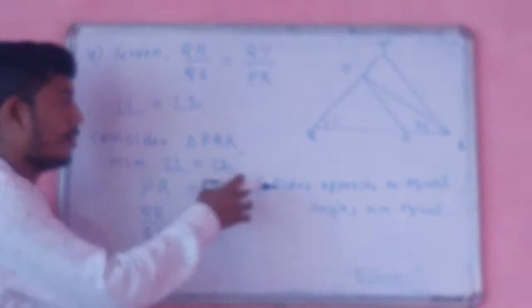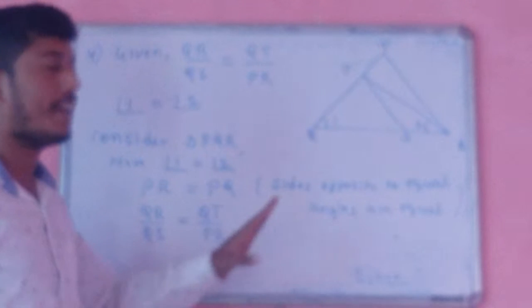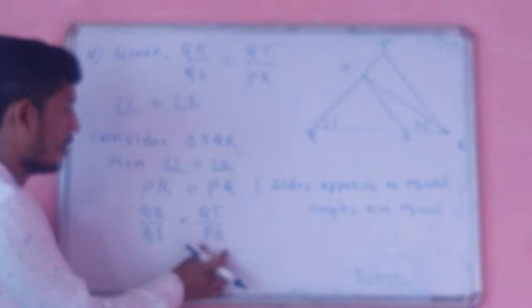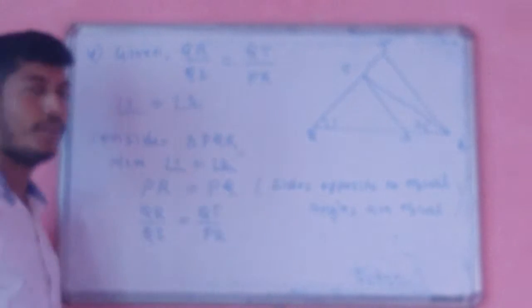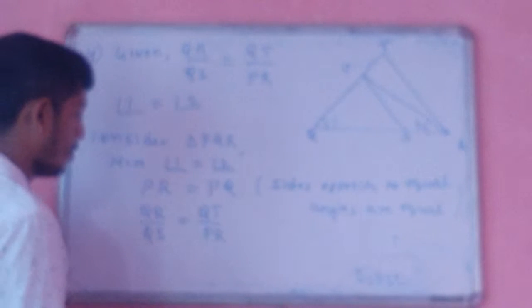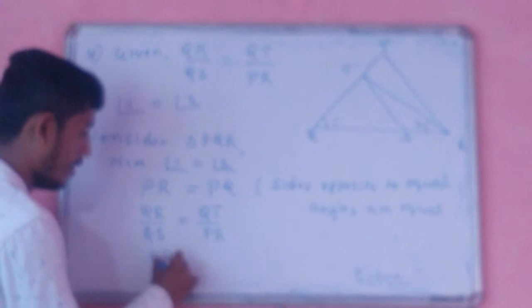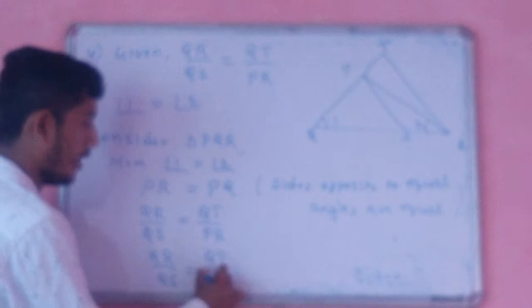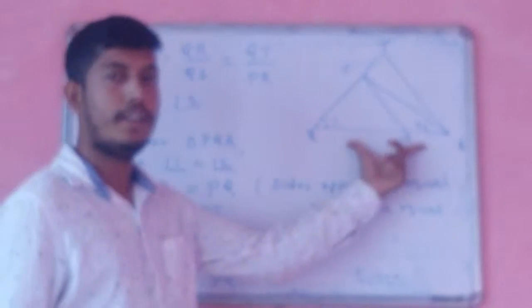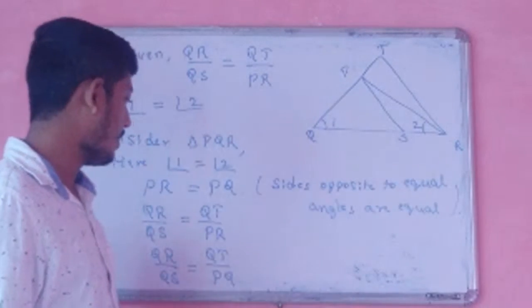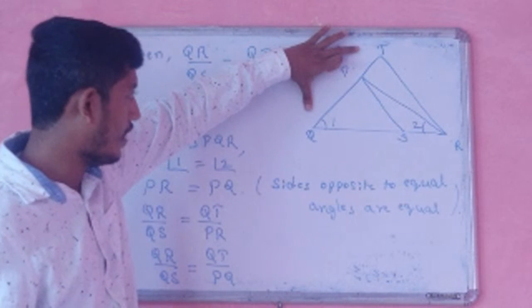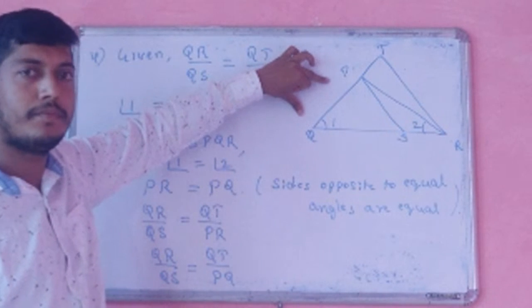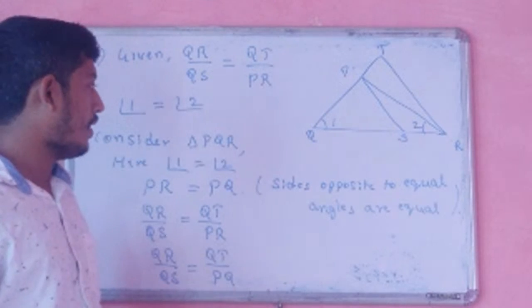Based on sides opposite to equal angles being equal, we can replace PR by PQ. Therefore it becomes QR divided by QS is equal to QT divided by PQ. Okay, next step.